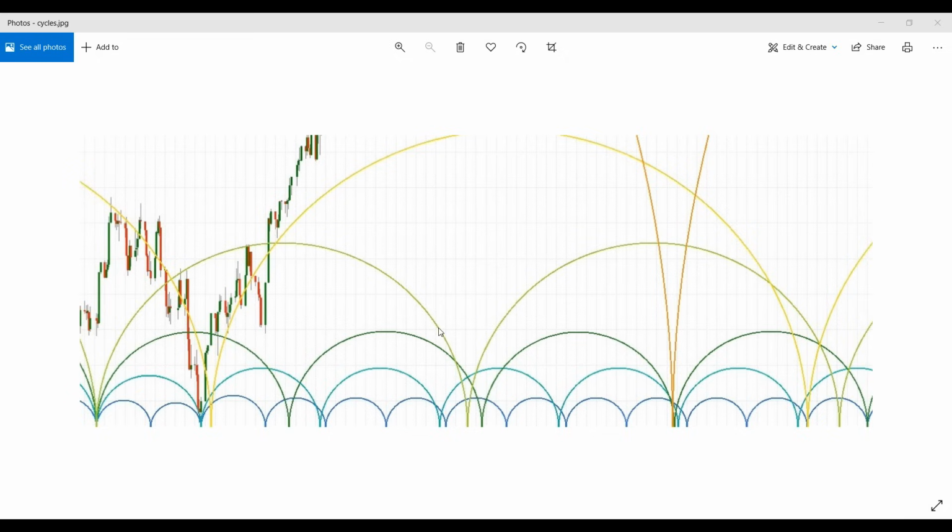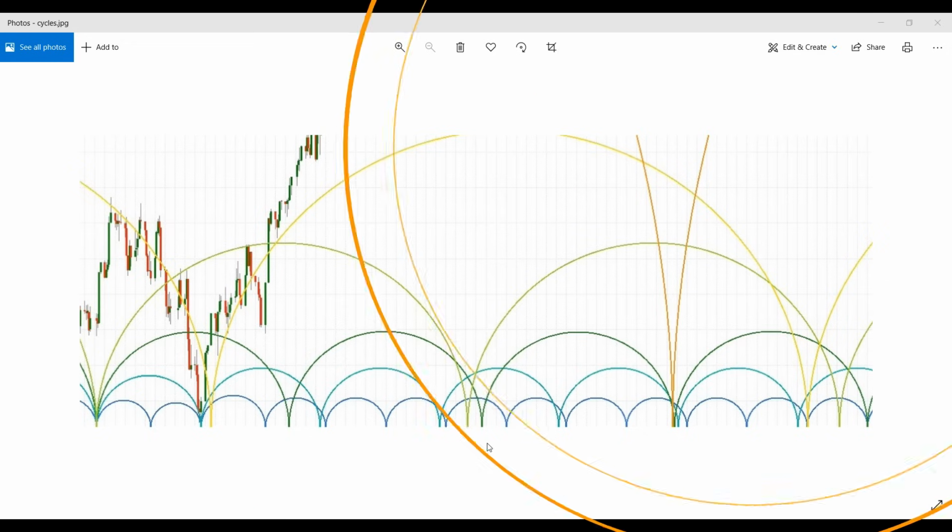But when the 150 cycle intercepts, it might give signals even before the 75th day itself. Like let's say 67, 68 or 70 day itself, we can see a reversal or a cycle that has ended before the end time.